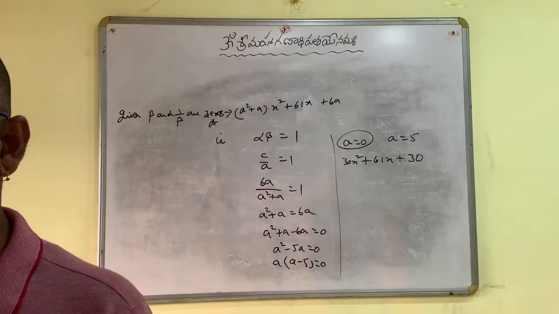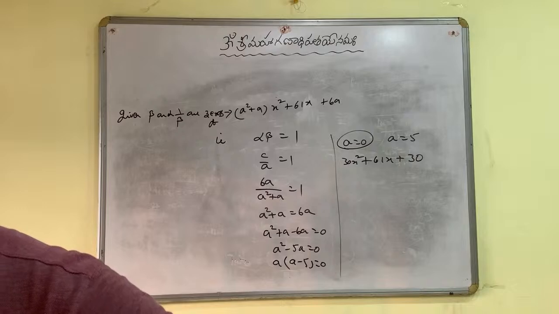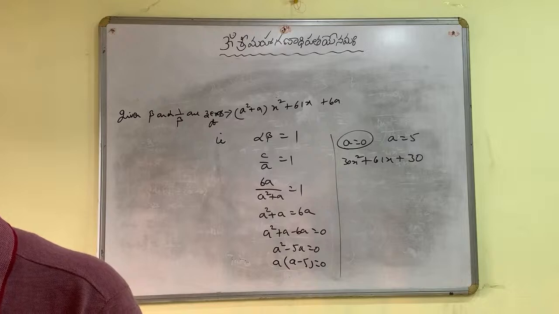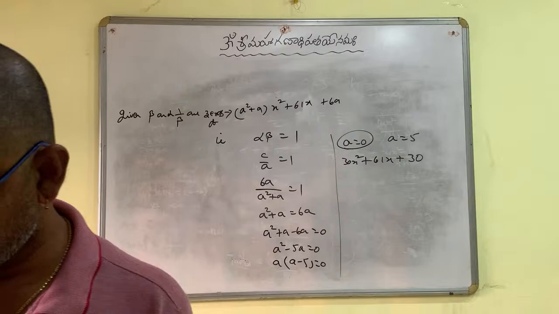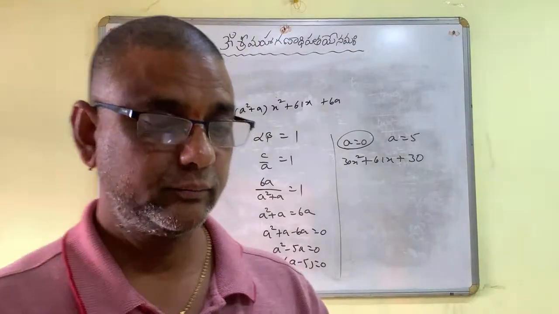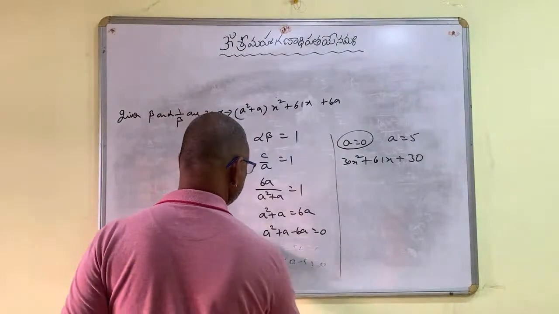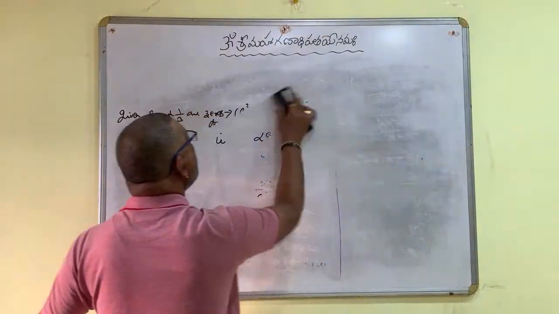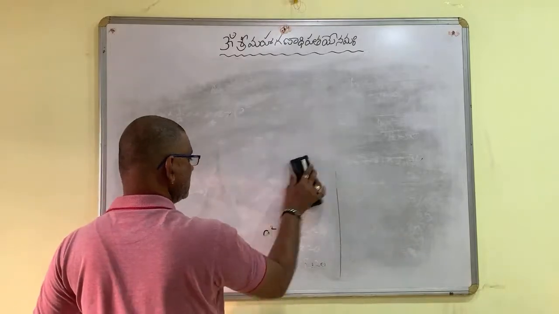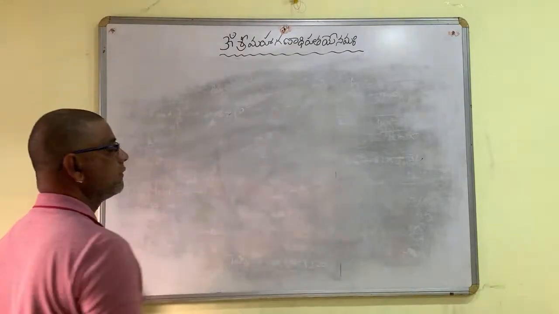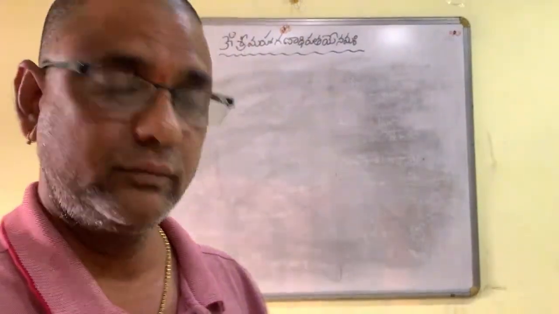Is EF parallel to BC? Anyone? No one is talking?